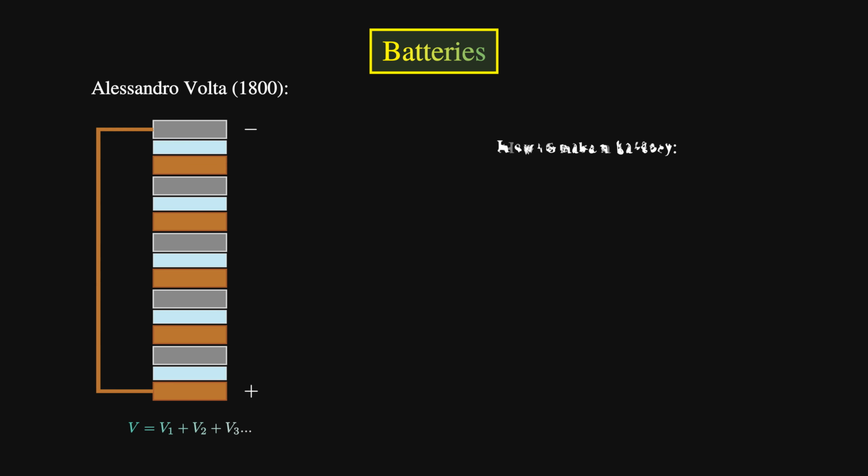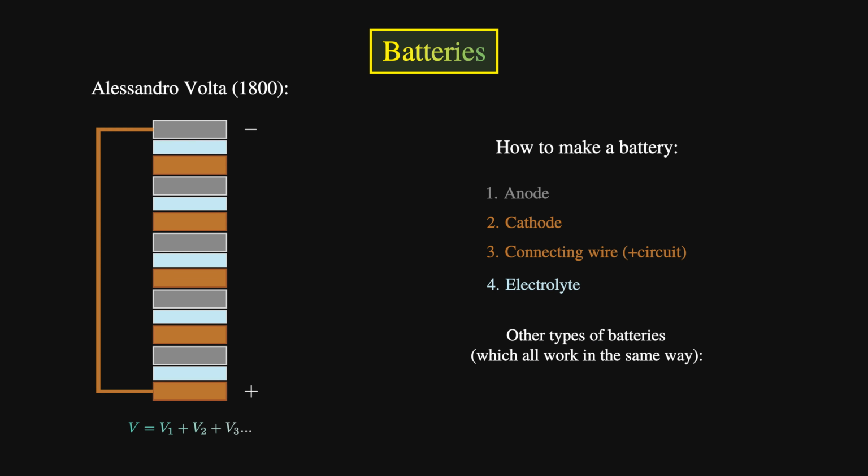In the present day, there are many different designs for batteries, but the same idea applies to all of them. There are always two electrodes where one material is more able to give up electrons than the other, such that it becomes the anode, and the other material becomes the cathode. These two materials are connected with a wire, so electrons can flow from the anode to the cathode due to the potential difference.